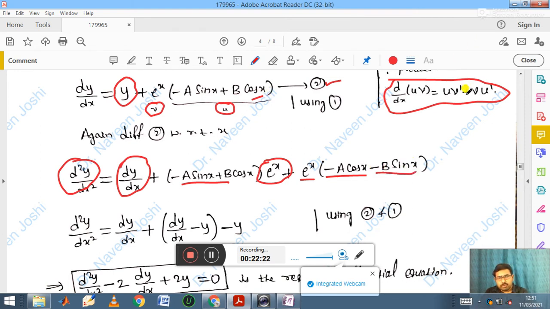Then you go for one more time simplification. Here from equation 2, if you send y to the LHS, it becomes dy by dx minus y equals e power x times minus a sin x plus b cos x.